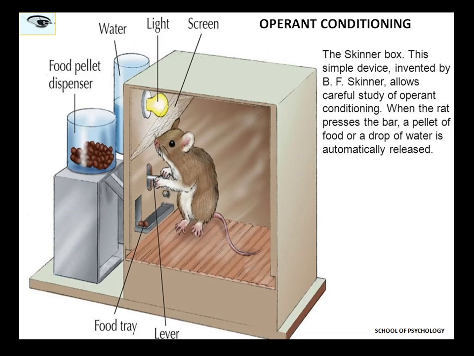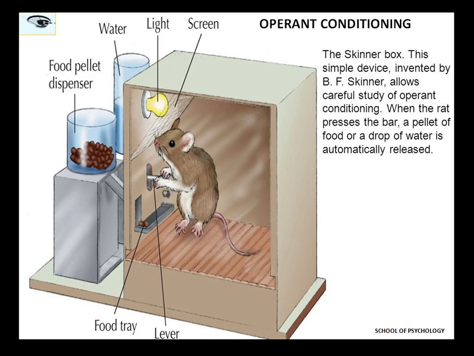So, this is nothing but instrumental conditioning, because I am making sure that a certain behavior is displayed through punishment or through reward, rather through positive reinforcement. Here we are talking about the food pellet, which is a positive reinforcer for the rat, right?